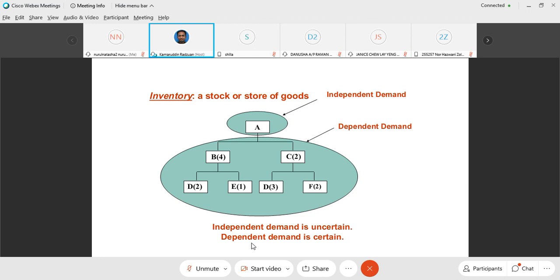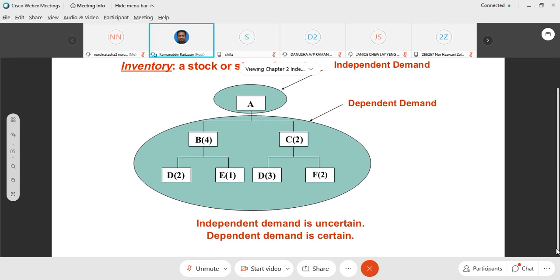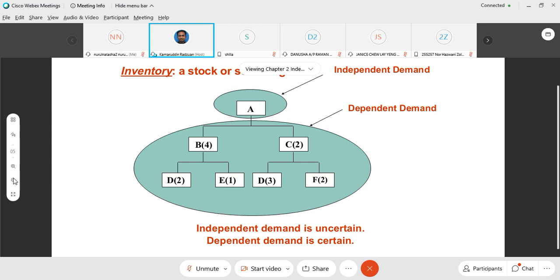Why we need to understand the characteristic of demand for each of the item? Because based on the characteristic of demand, we can understand the fluctuation of the demand from the customer.